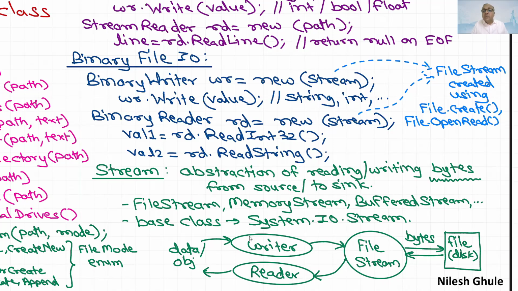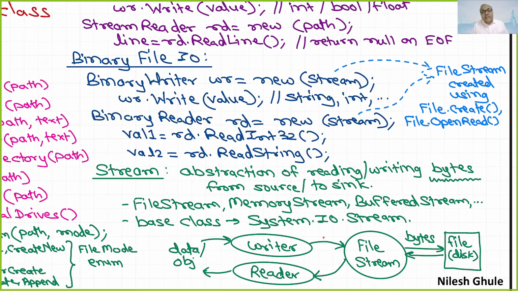And when we were using the text file StreamWriter and StreamReader, how exactly was it working? Whatever data we were sending to the StreamWriter, it was first converting it into a string, and those strings were converted into bytes. Then those bytes were sent to the FileStream, which was responsible for writing it into the file on the disk. Then FileStream was reading those raw bytes from the disk, giving them to the StreamReader, and StreamReader was giving us the actual strings.